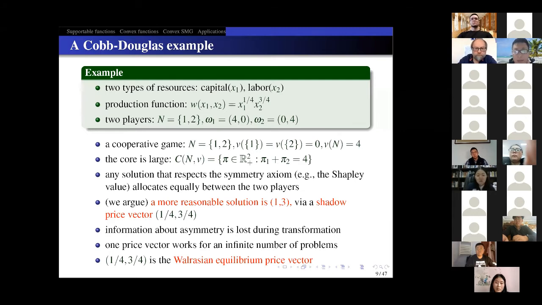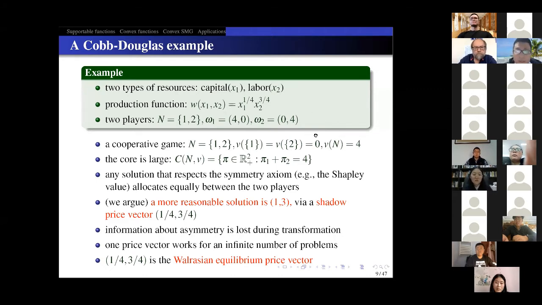It also has another advantage. Suppose now we have 100 players and their initial endowment distribution is arbitrary, but the total endowment is still 4 units of capital and 4 units of labor.